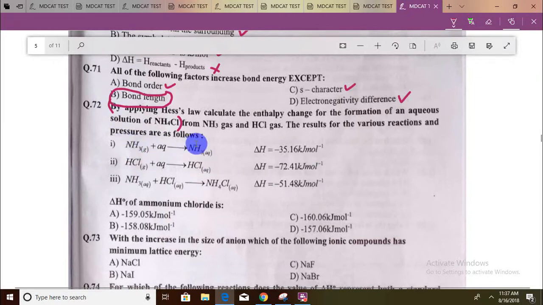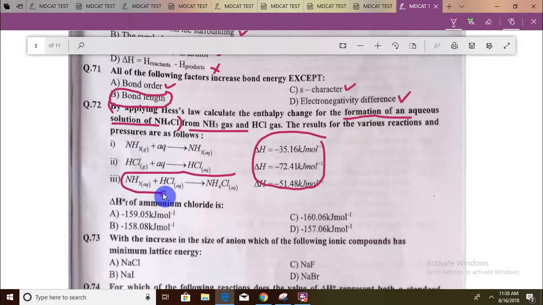So if this is going in this direction and this is going in this direction, and these two things are sort of going in this direction, to figure out what the value is, you just have to realize one thing: formation of an aqueous solution of NH4Cl from NH3 gas and from HCl gas. The value they've given is for the aqueous.